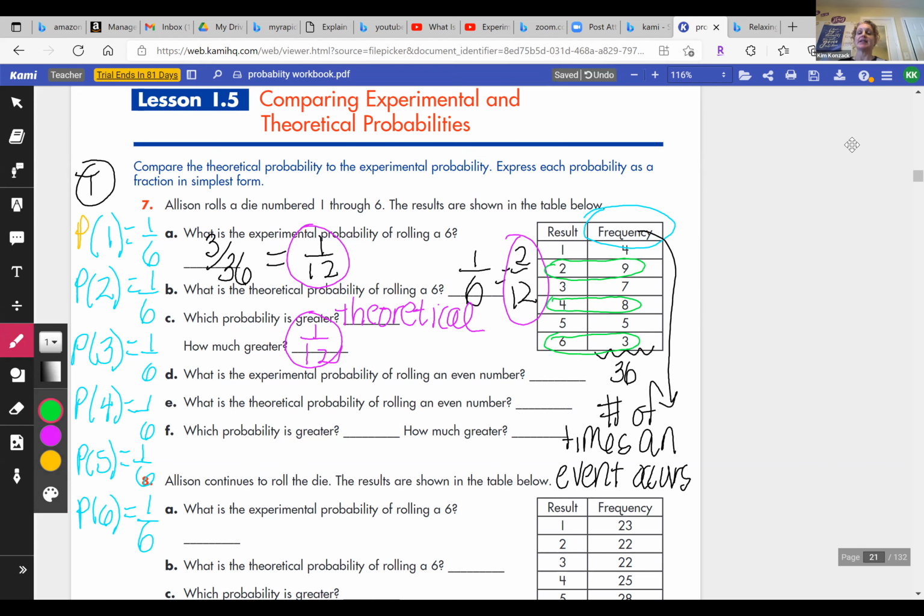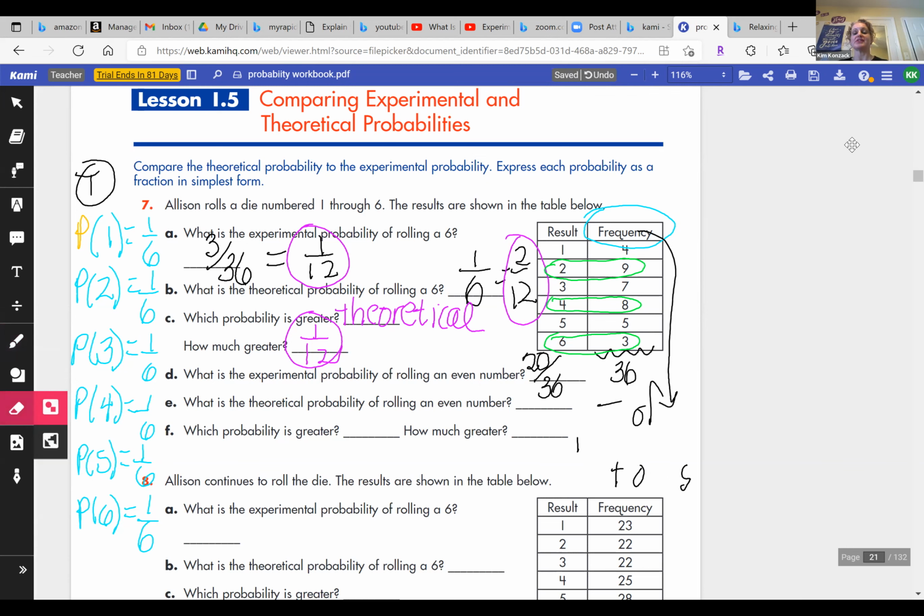So 9 and 8 is 17, and the total is going to be 20. So how many possibilities of an even number are there? There are 20 possibilities out of 36.